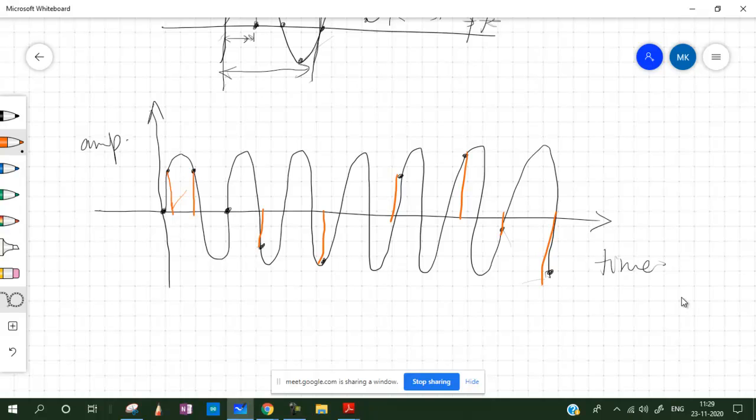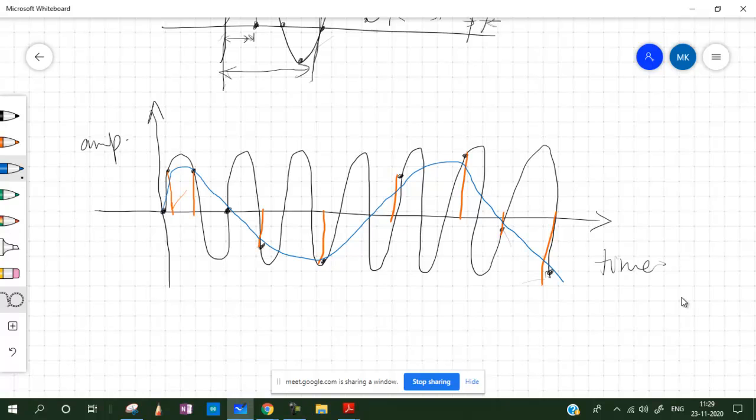Because of this, if we now take these points to the computer or to the digital device and try to reconstruct this by joining these points, this is the type of signal that we are getting. So this blue signal is what we get as an output.